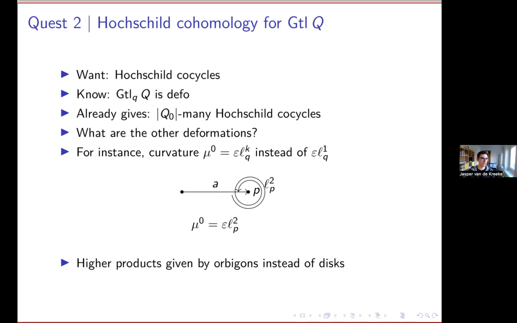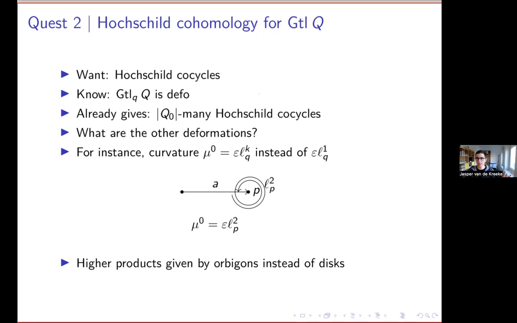In fact, we have worked with as many deformation parameters as there are punctures, killing all deformation parameters except one, and taking that deformation parameter to square to 0, so epsilon squared is 0. You already get as many Hochschild cocycles as you have punctures in your surface. So we already know Q0 many Hochschild cocycles of GTLQ.